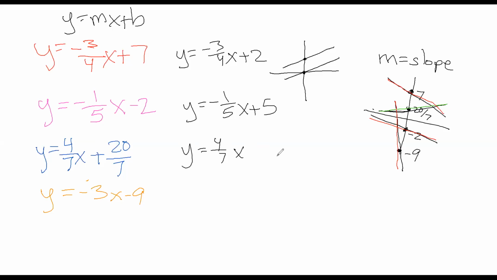I'm going to have a 0 y-intercept in this case. And similarly, y equals -3x minus 1000 is parallel to y equals -3x minus 9. These are examples of parallel equations to the original equation. Any questions about parallel?